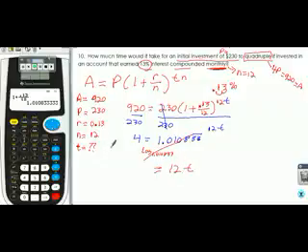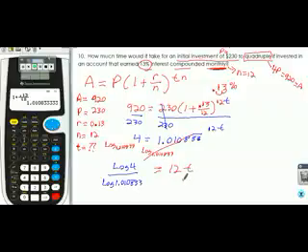What I do to one side, I must do to the other. So I'm going to go log base 1.010833 of 4. As I write this down over here, I'm going to use change of base. So this will be log of the argument, which is 4, over log of the base, 1.010833, equals 12t.